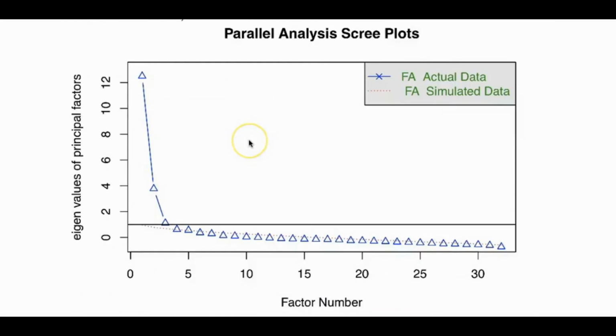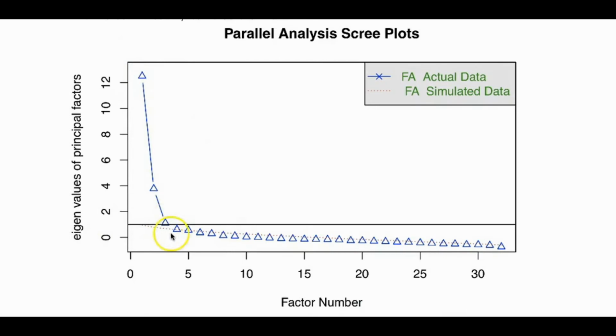And then it gives you this really nice plot. So here we're looking for the elbow in the graph. It also marks where the eigenvalue is 1. Remember, on this side we're going to have eigenvalues, and over here we have the number of factors. So if we just look at anything above the eigenvalue of 1, it's recommending 3 factors.